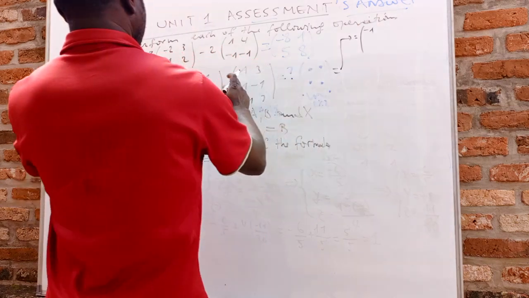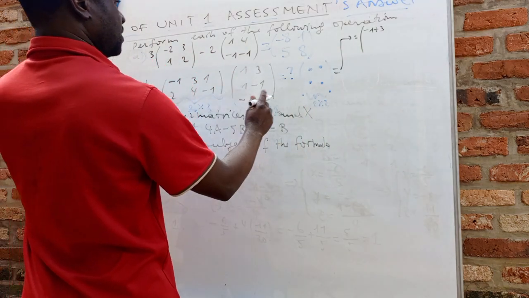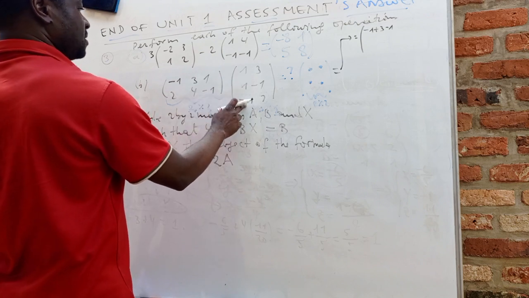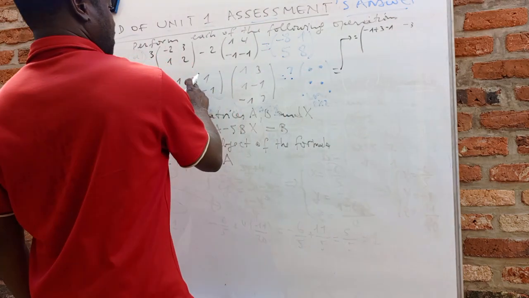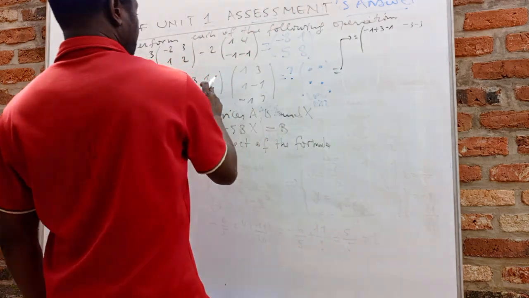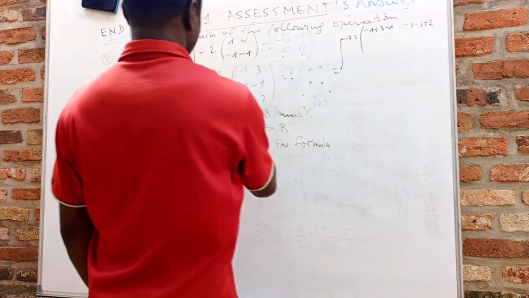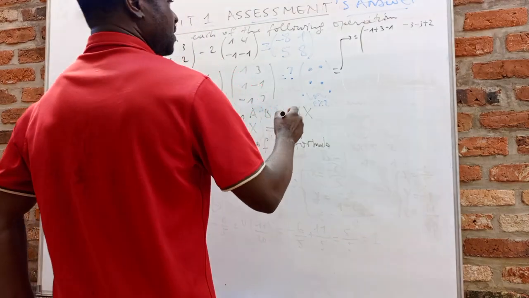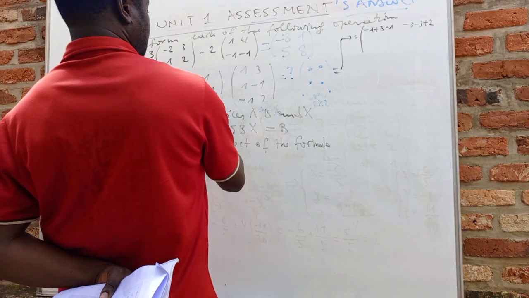As it is a 2 by 2 matrix, we can find this element: negative 1 plus 3 minus 1. Then this element: negative 3, plus 1 times 2, yes, it is 2 here. Then this element: 2 plus 4 plus 1.